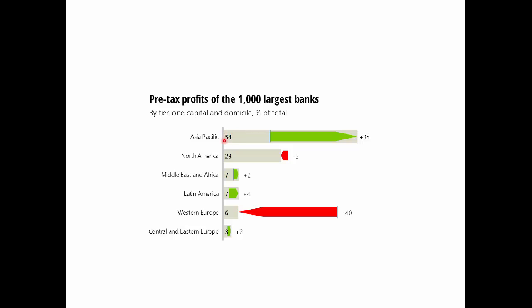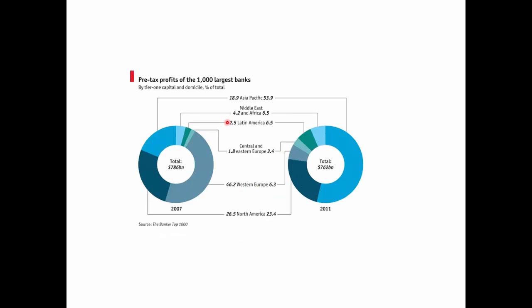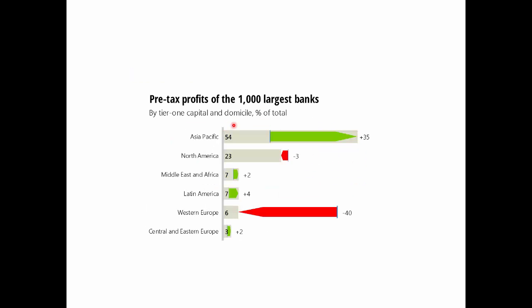So we see that, okay, this is the percentage now. I see that the label is missing. Okay, so this is the year 2011 here. And this is the change from 2007.